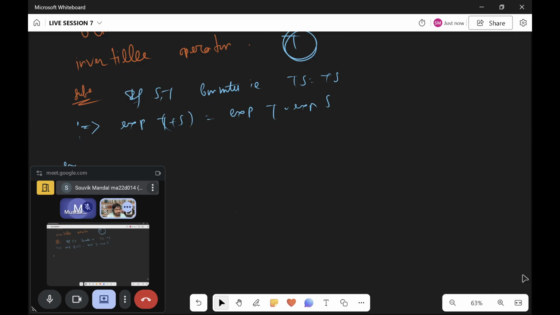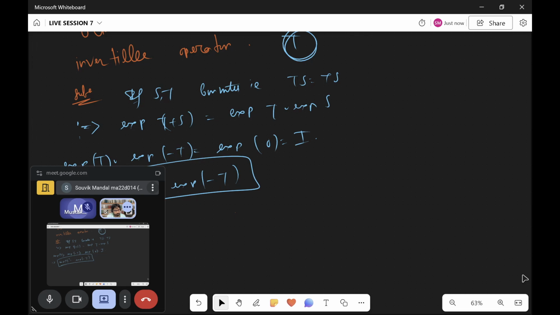Now exponential of t composed with exponential of minus t is exponential of 0, that is identity. So this tells that the inverse of exponential of t is equal to exponential of minus t. That is the argument. So there is nothing to explain more, I guess.